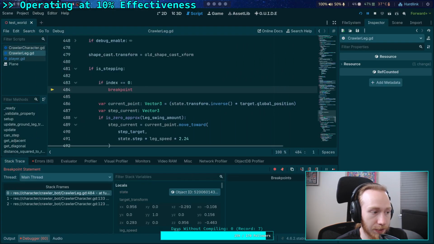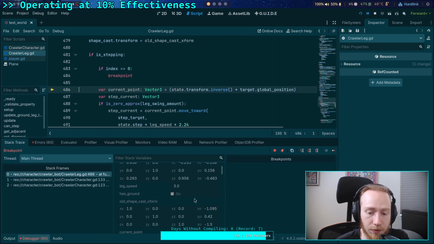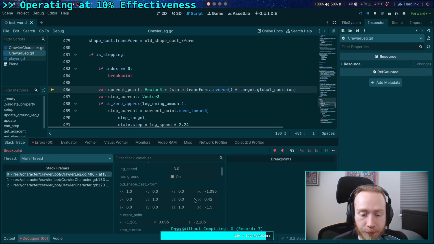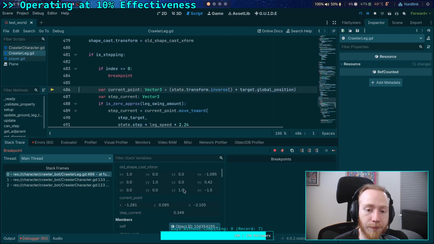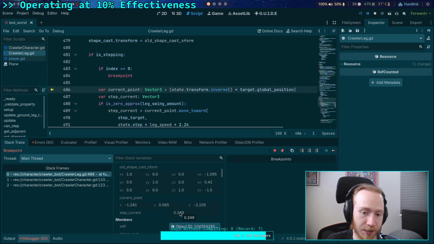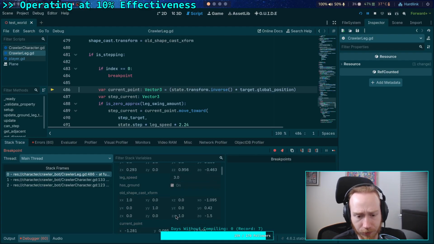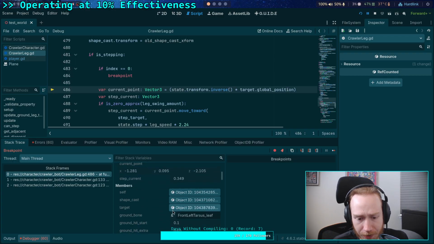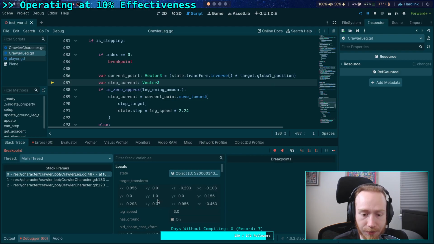All right. This leg wants to take a step. So what will it do? Why is step current a float of 0.349? It's funny. Okay, so current point is that.